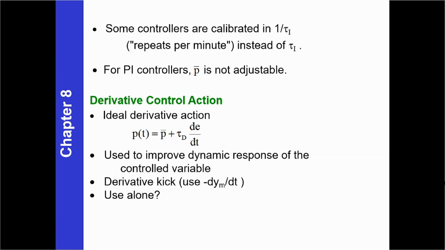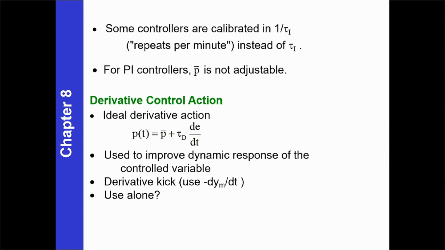For derivative control action, the derivative is now dE over dt. So in this case, P(t) is equal to P bar plus τD times dE/dt, and we use it to improve the dynamic response of the control variable.